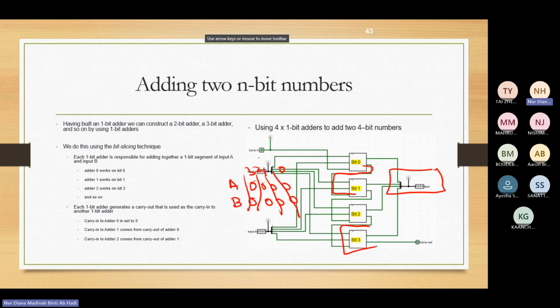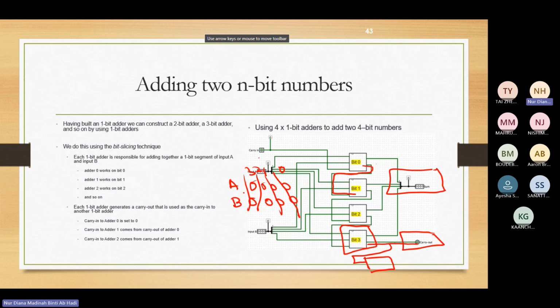And the last bit, bit 3, would have its own independent carry out because there is no additional single bit that needs to be added for the next row. Do you understand this part? Do you have any questions? This one is easy for you to understand?